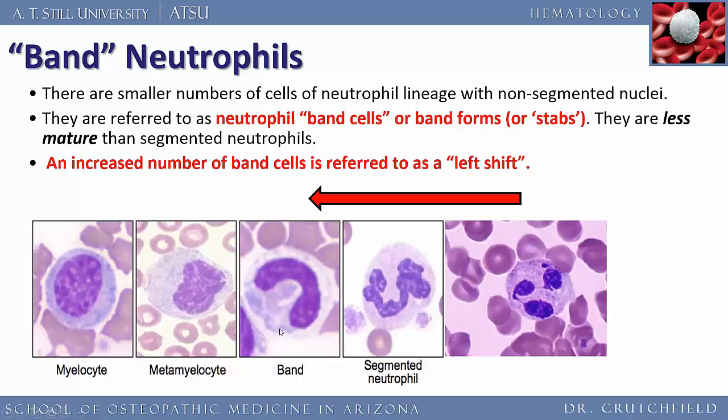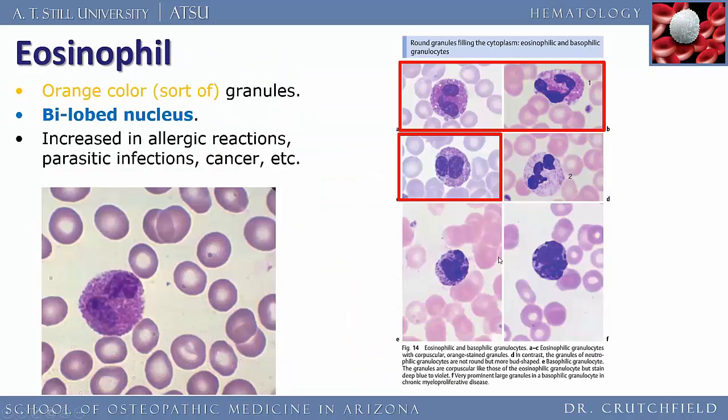If someone has 60% bands, they're really sick. They're pouring out white cells, and I need to keep that in the back of my head when I treat them, because that means that they're going to be really sick. So a band neutrophil is a premature form of the segmented neutrophil, and too many of them is referred to on your complete blood count as a left shift.